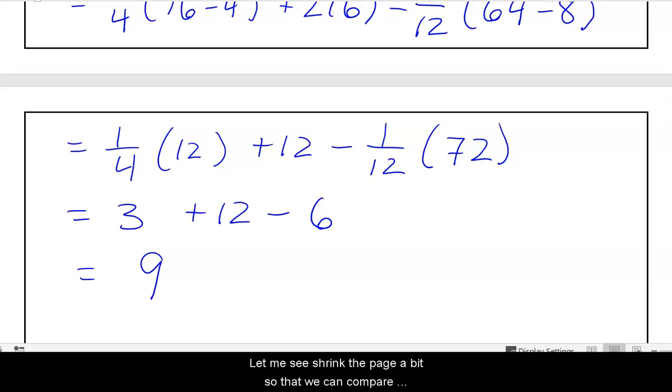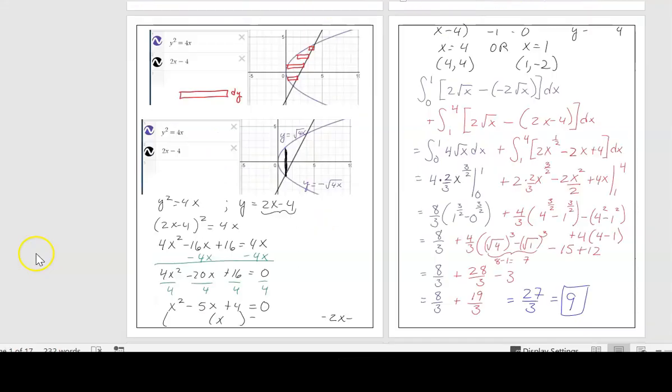Let me shrink the page a bit so that we can compare the length of solving this problem with respect to y versus solving it with respect to x. Integrating this with respect to x took half of this page and this full page, not to mention the graphs.